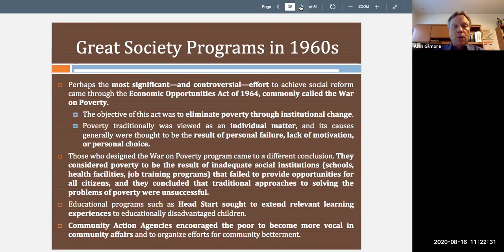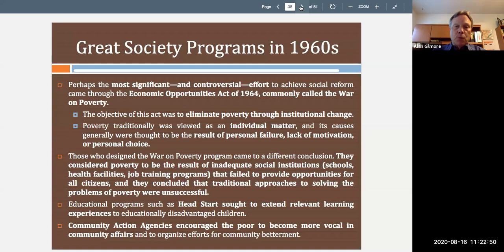And so that was a real shift in the way that we began to think about why people were living in poverty. Poverty traditionally had been viewed as an individual matter, and its causes generally were thought to be the result of personal failure, lack of motivation, personal choices.